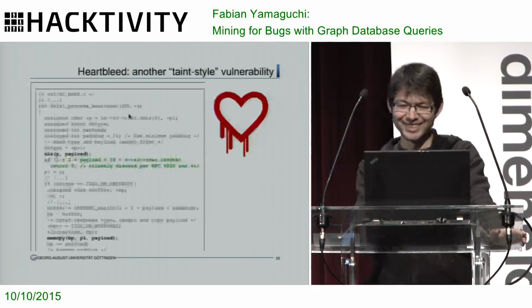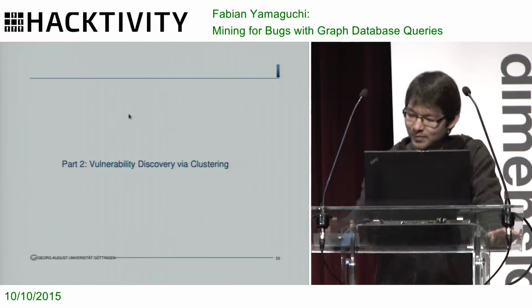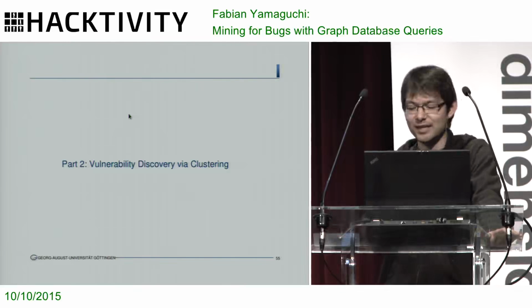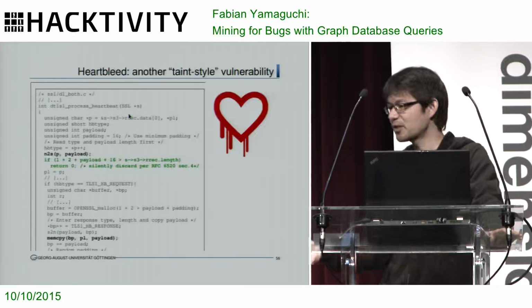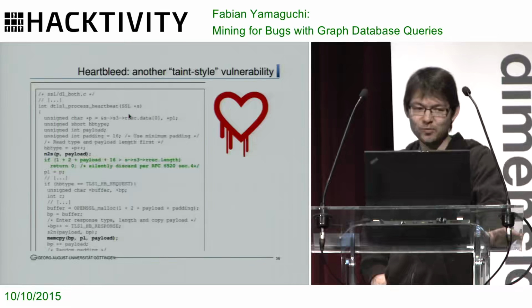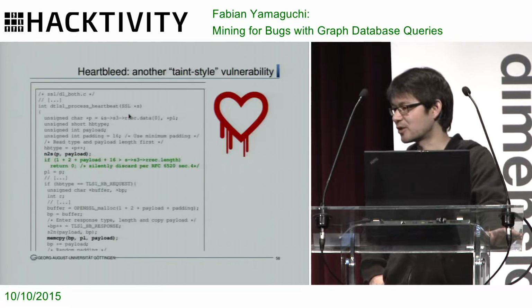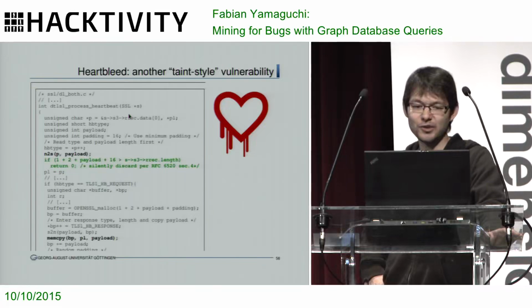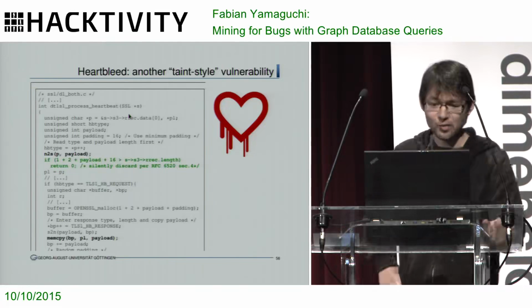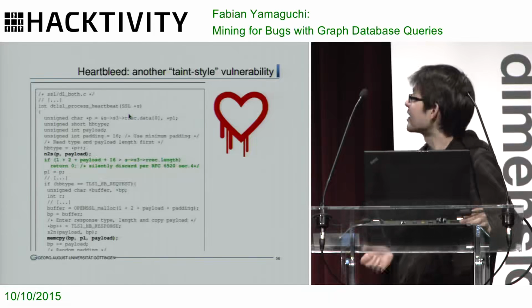I'm sorry. Okay. So part 2, vulnerability discovery using clustering. Once you explore lots of bugs with this, you start to see that it would be very nice to actually design some templates that you could fill out to find your bugs. So for example, if you take Heartbleed, then Heartbleed actually has the same structure as the bugs we looked at as well.